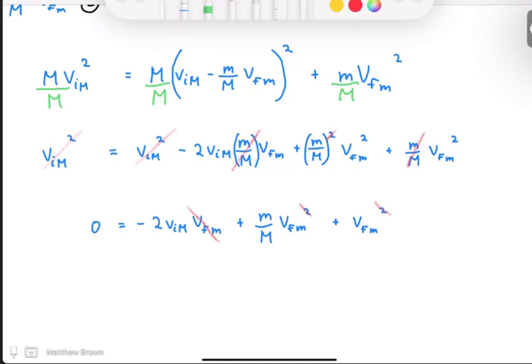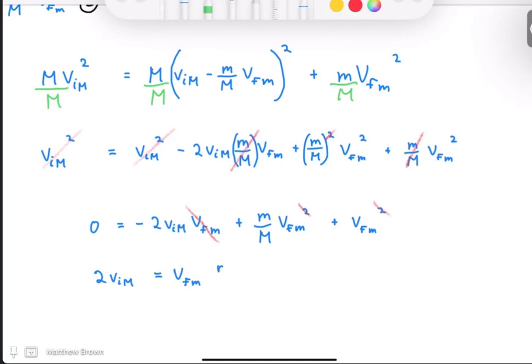So I can add this term to both sides, which leaves me with 2 v initial of big M, if I move that to the other side, and then I'm just left with these two terms here, so I can factor that out. I can say that equals v final of little m times little m over big M plus 1.